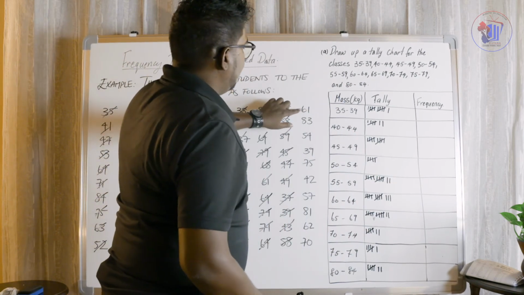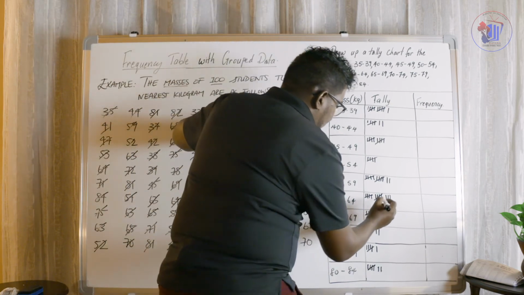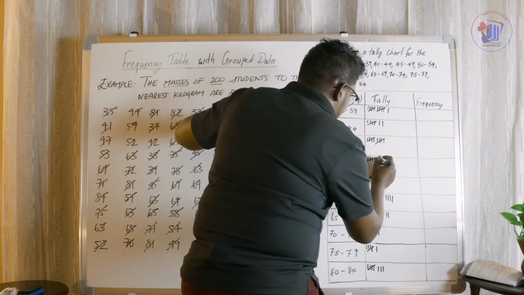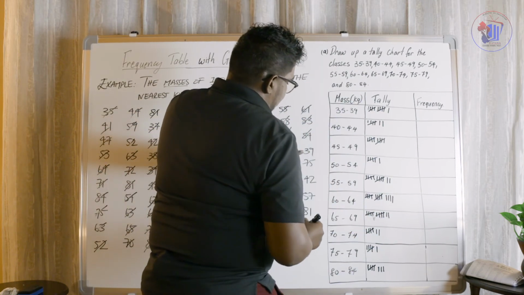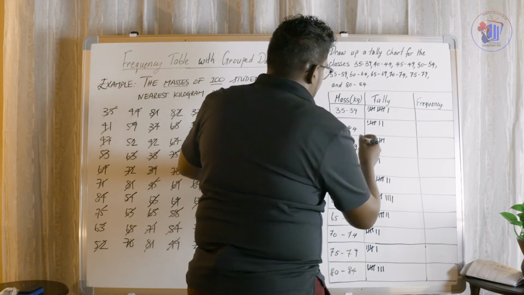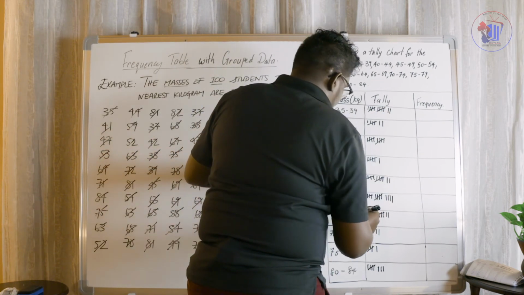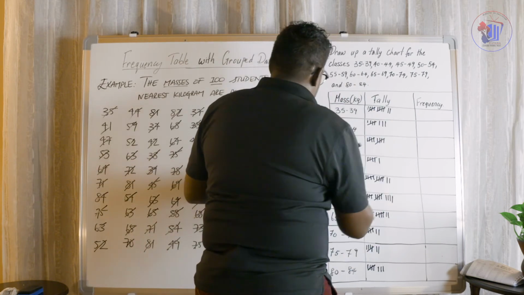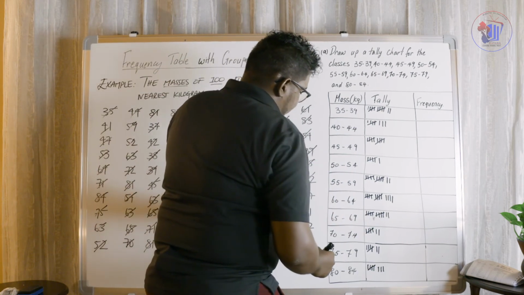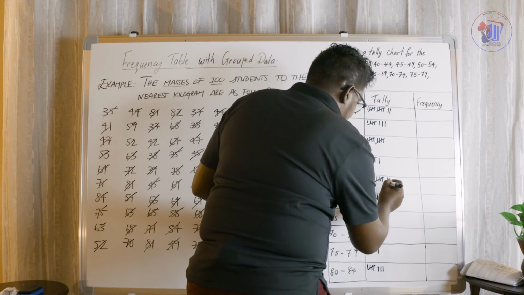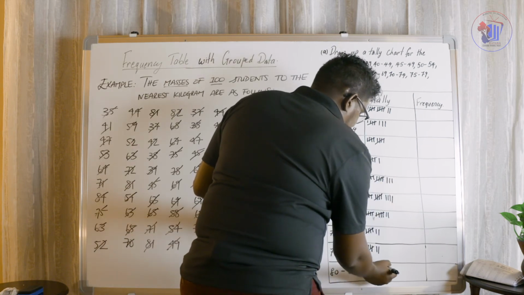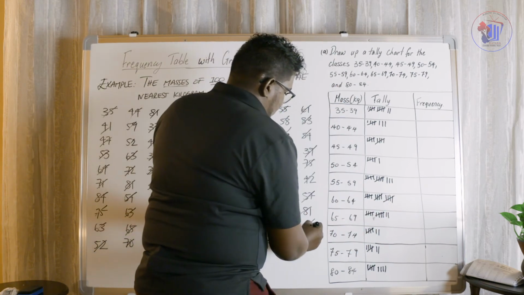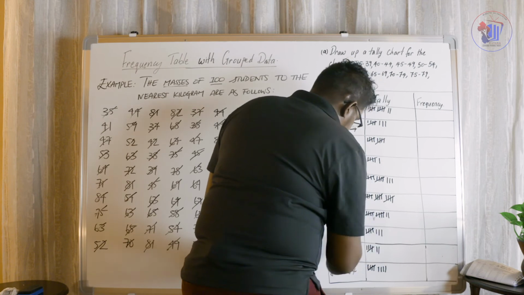Our last column: 61, 83, 54, 39, 75, 42, 57, 81, 62, and then you have 70.